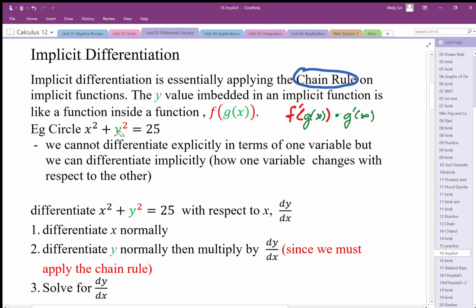So y is embedded inside the squared function. The x is just normal. We differentiate with respect to x, but this y happens to represent a function of x. Okay, so we cannot differentiate explicitly in terms of one variable, so we need to apply implicit differentiation. So as we hit these embedded functions, we need to apply the chain rule.